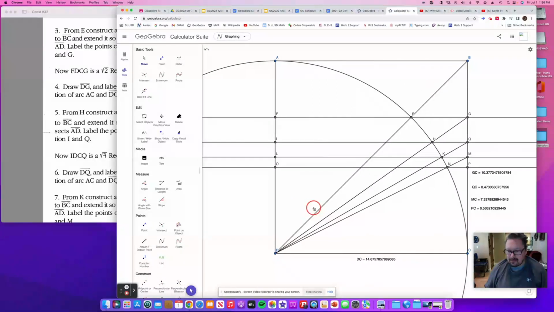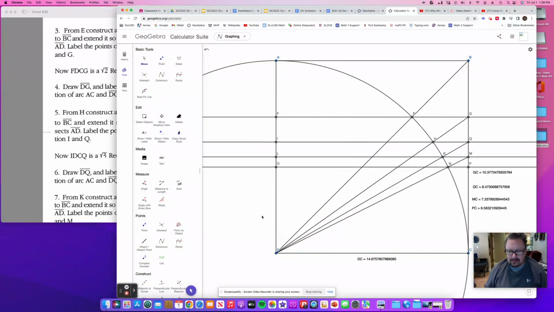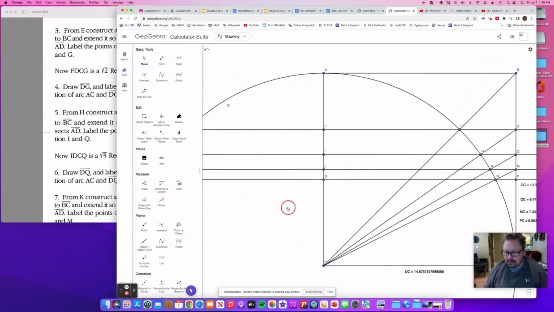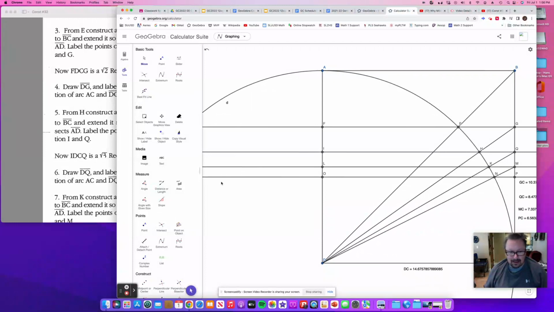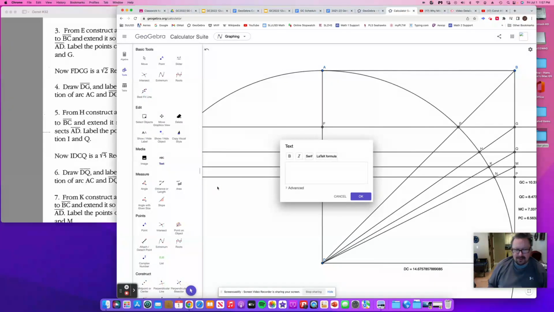Let's move this over to right here. All right, so my first one is for root 2. So the square root of 2 is 1.414.